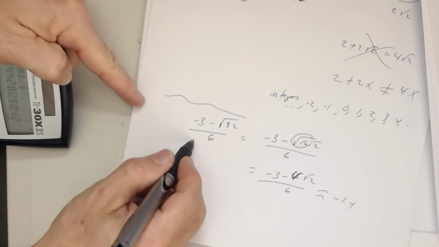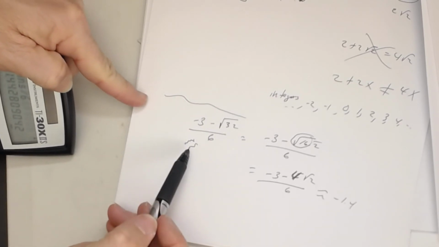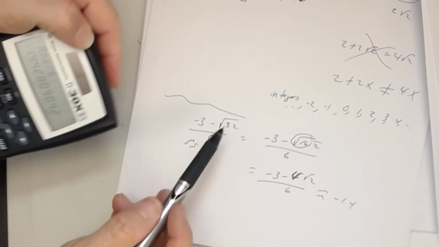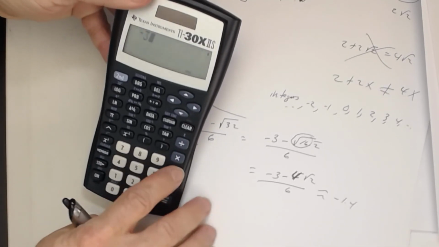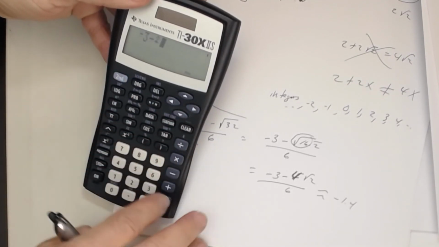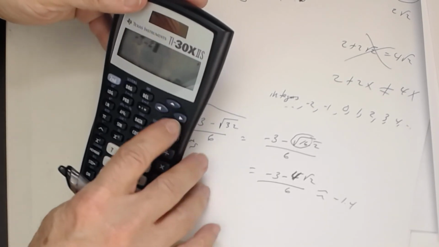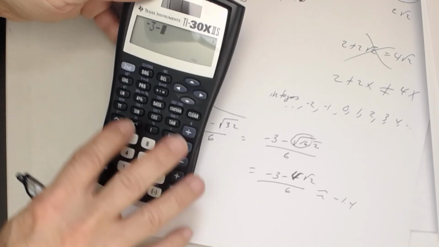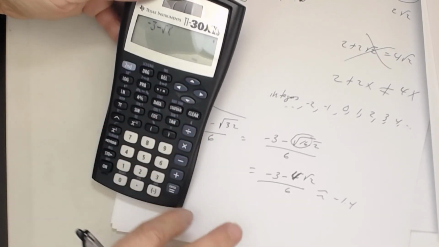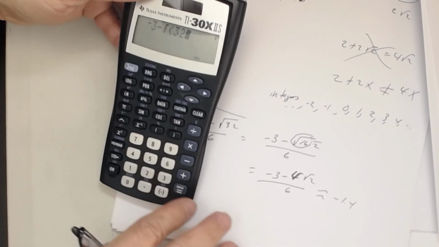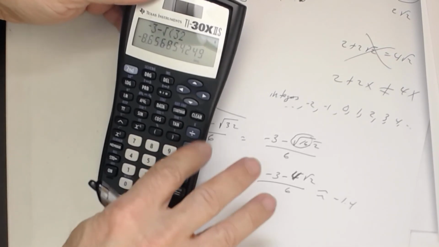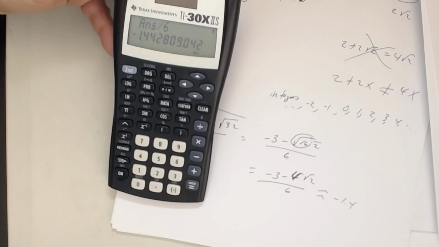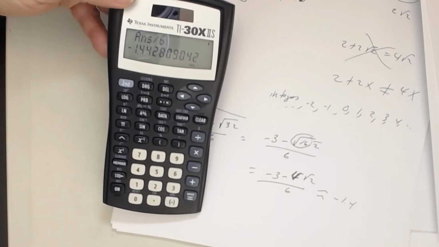If I had used this one to approximate, I should still get the same thing. So negative 3 minus the square root of 32, and I press equal and divide by 6, and I get the same thing, negative 1.4.